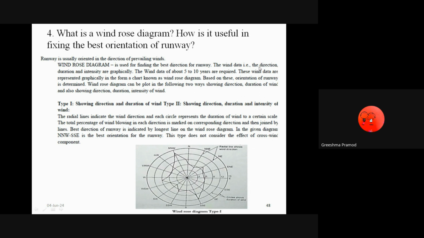The wind data, that is the direction, duration, and intensity, are represented graphically. Wind data covering 5 to 10 years are required. These are represented graphically in the form of a chart known as a wind rose. So you have two types. The first one shows the direction and duration of the wind, and type two shows the direction, duration, and intensity of the wind. Okay, so please study type one and type two.